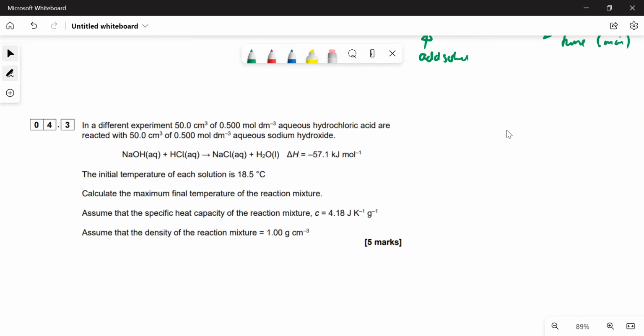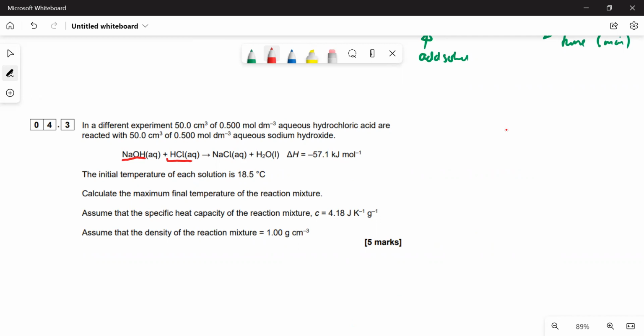Okay, now here's a different experiment. We are adding hydrochloric acid to sodium hydroxide, and we want to find out the final temperature. Okay, so how are we going to do that? Well, we need to use two equations.